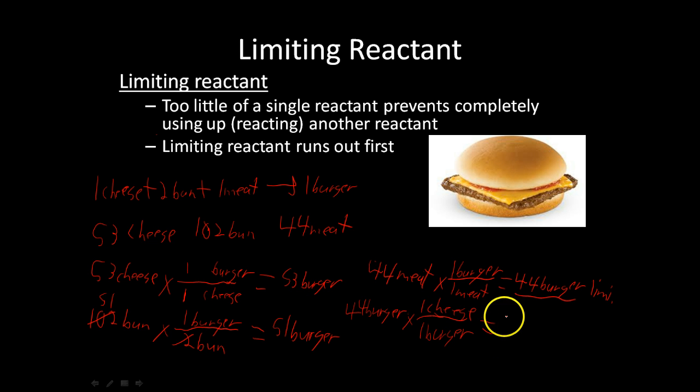So I'm going to end up using 44 cheese to make this many burgers. Well, how many cheeses do I have left over? Well, I started with 53 cheese. I used 44 cheese, minus 44 cheese.